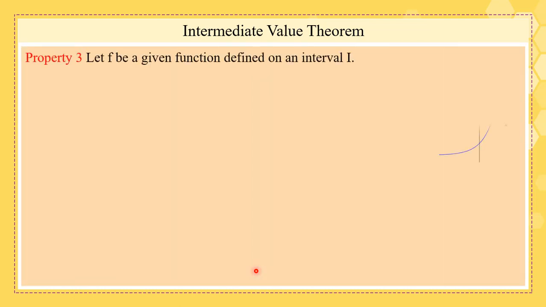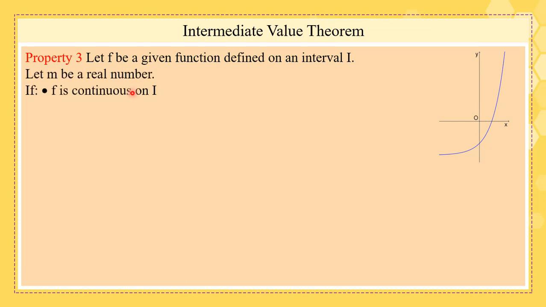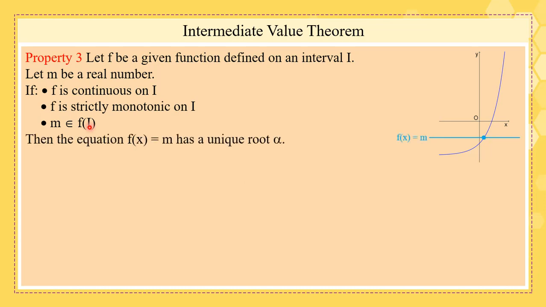Let's see the results. F is a given function which is defined on an interval I. M is a real number, any real number. If f is continuous, f is strictly monotonic on I, and m belongs to f of I, meaning the range of the function, then we can see that the equation f of x equals m has a unique root alpha.